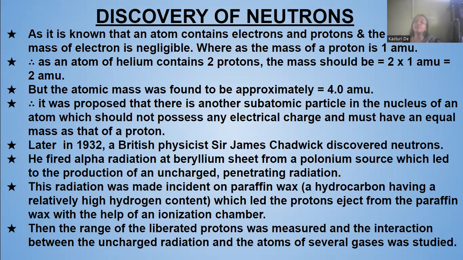Clear? Now, as a helium atom contains 2 protons, the mass should be 2 into 1, that is 2 AMU. One proton, 1 AMU; therefore, 2 protons, 2 AMU. But the atomic mass of helium was found to be approximately 4 AMU. How is it possible?